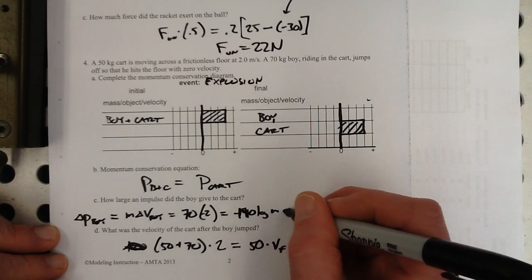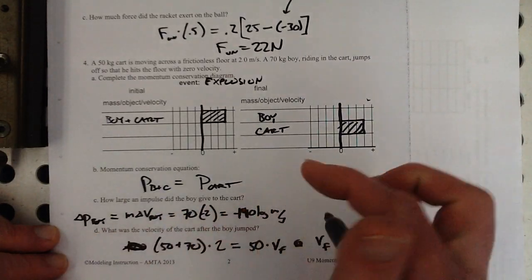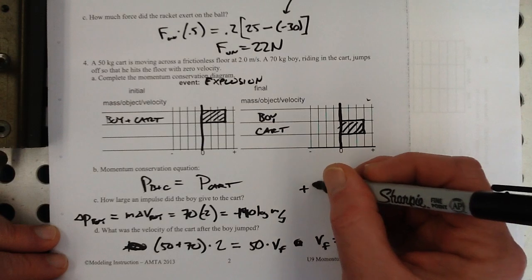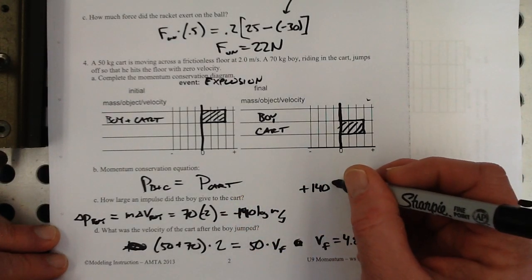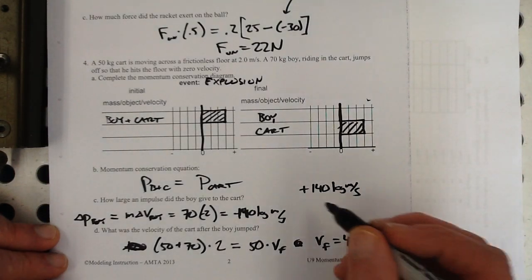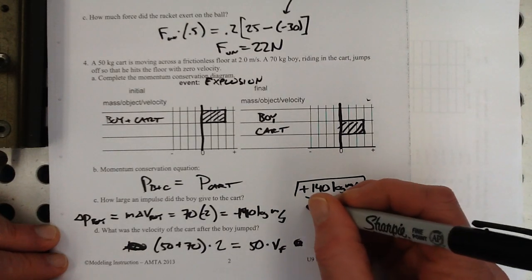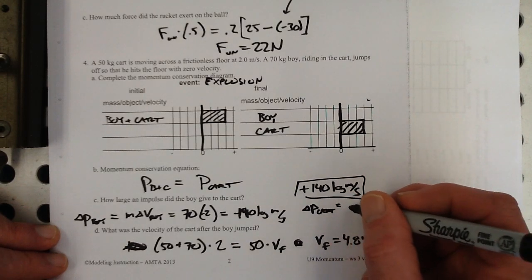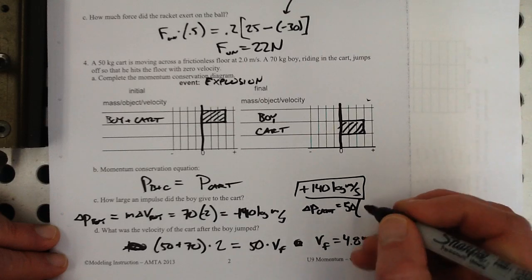kilogram meters per second. So what impulse does the boy give the cart? That means the cart, with the equal and opposite Newton's third law, the cart gets a boost. If the boy is losing 140, the cart must be gaining 140 because of conservation of momentum. So that's the impulse. You could also do, what's the change in momentum of the cart? Well, that's the mass of the cart, which is 50, times the change in velocity of the cart.